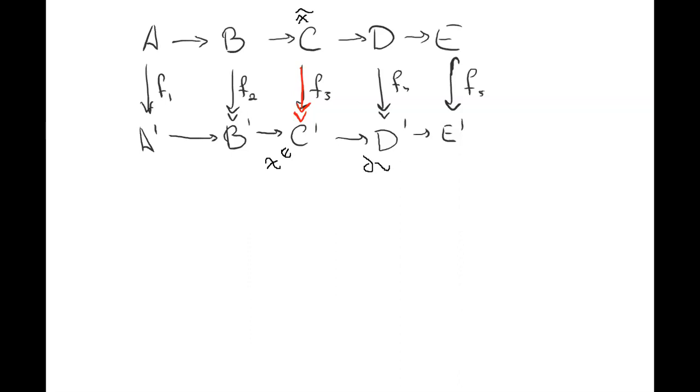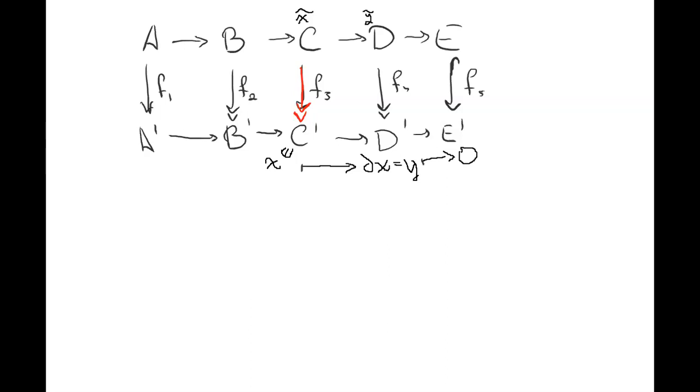Say boundary X over here, and I'll put a Y. And because F4 is surjective, there has to be a Y tilde. This goes to 0 because boundary squared is 0, or just by exactness.